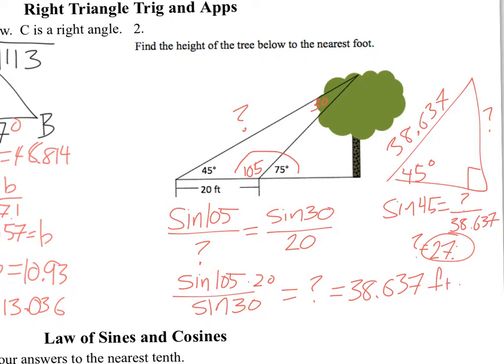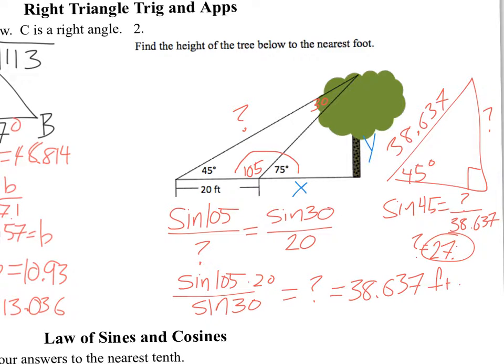If I wanted to do this with right triangle trig, I could set up a series of equations. And for this, I might have like an x there and maybe a y up here. And I might think about this as a small triangle and a big triangle.